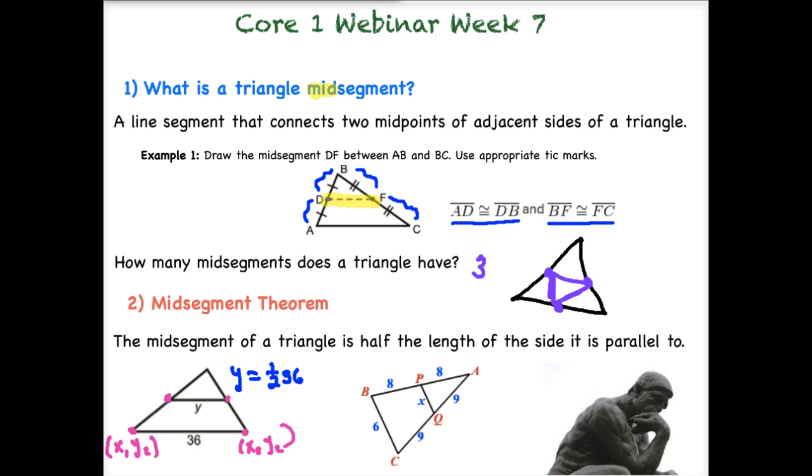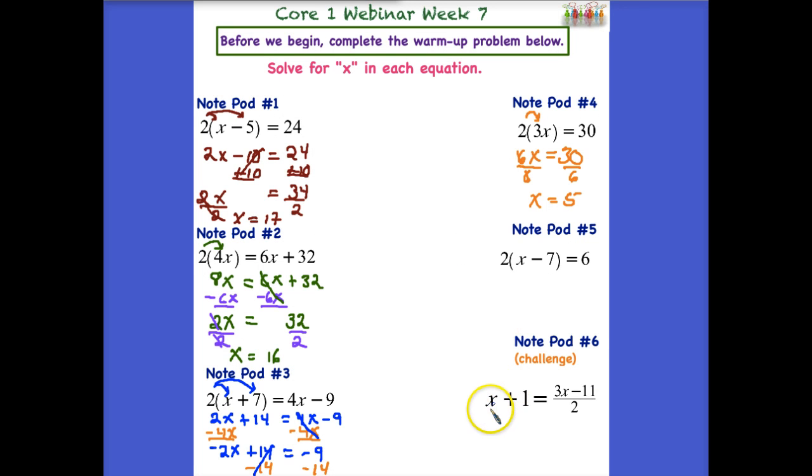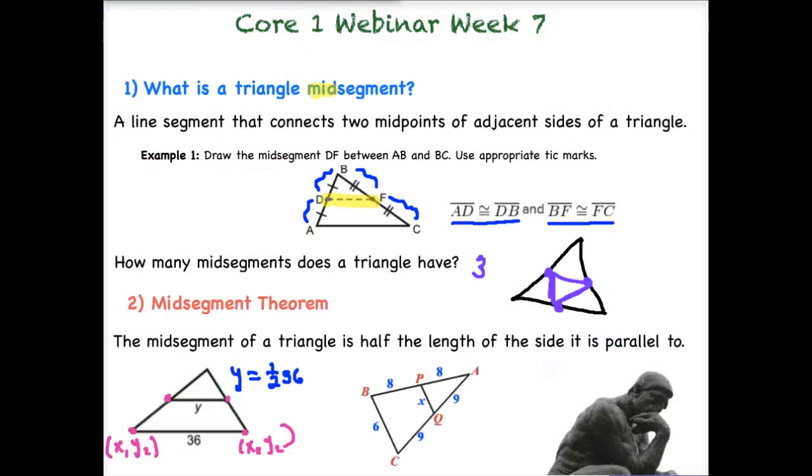If you think back to the warm-up, this challenge problem that I'm starring, notice that it's division by 2. If you like to think of your theorem this way, y is 1/2 of the base, the midsegment is half of the base.